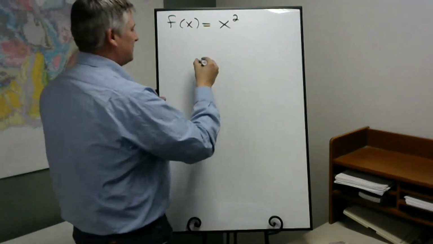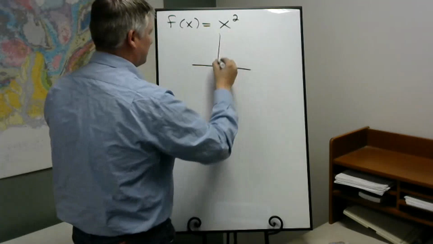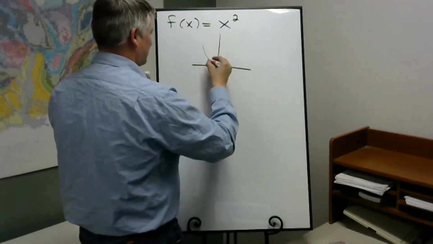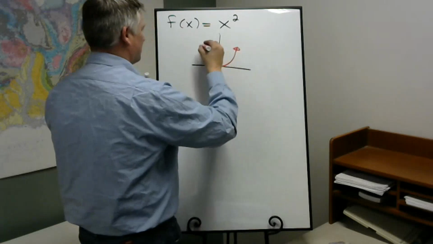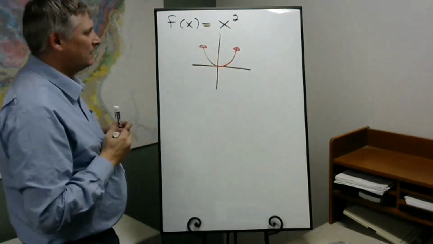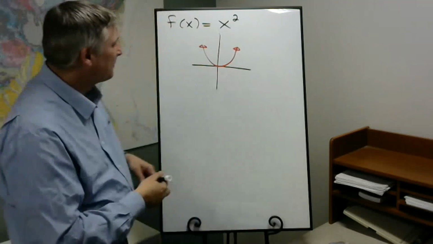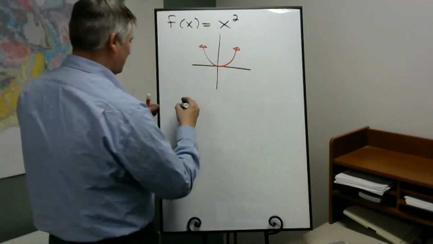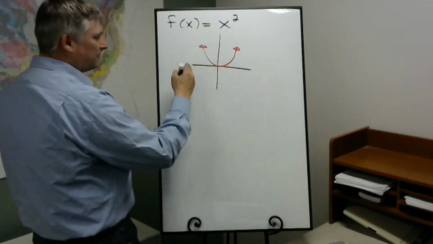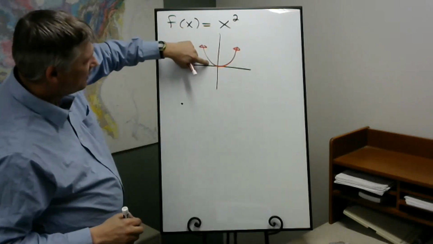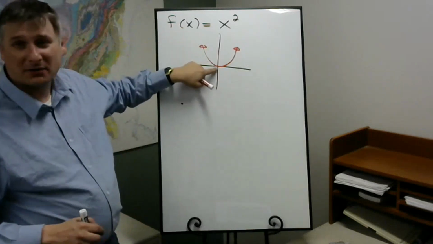So this one looks like this. So as far as increasing and decreasing goes, as we go from left to right, it's actually decreasing at first until we get to x is 0.